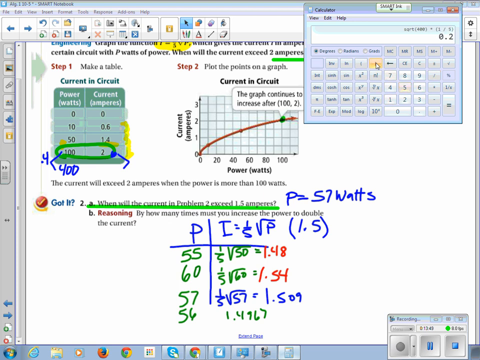My fingers are crossed that I'm going to get 4. And it does. So to counter the square root, I have to increase the power by 4 to double the current.